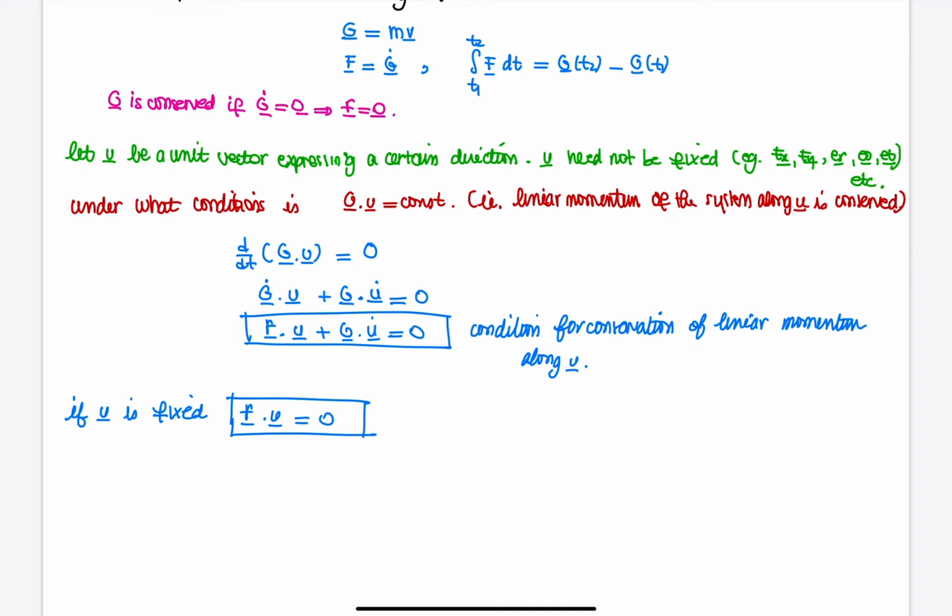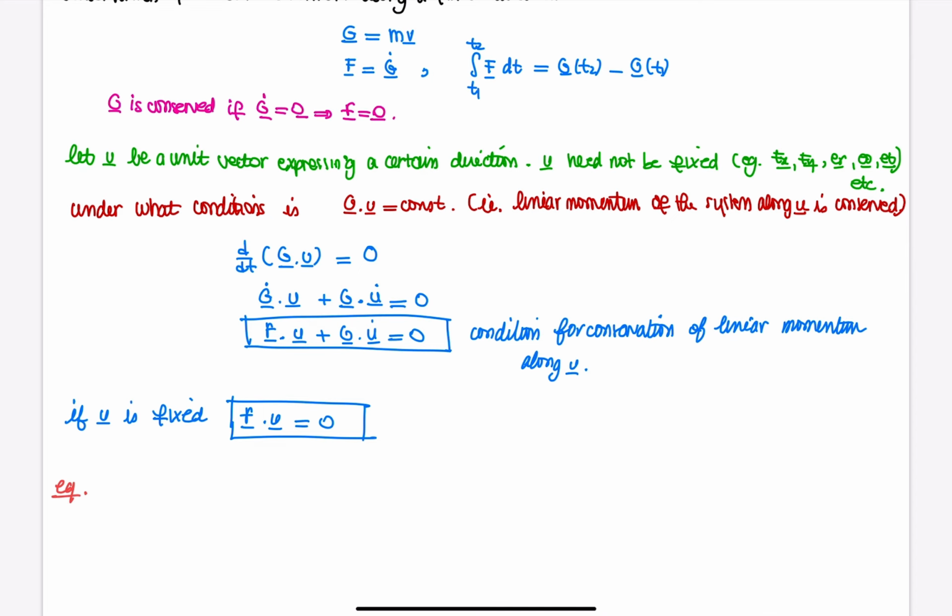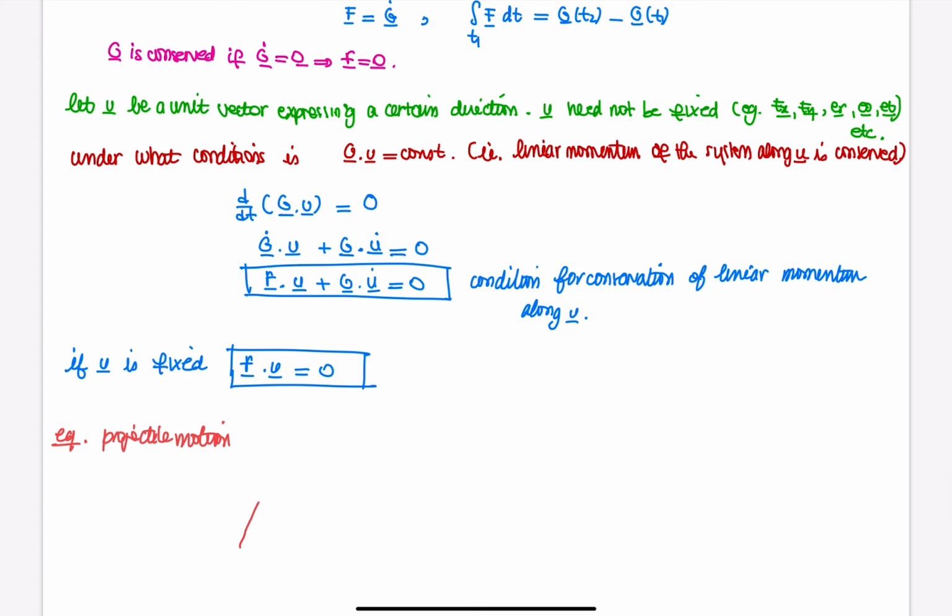Let's consider an example, projectile motion. So let's say I have a projectile, gravity is pointing downwards. If I want to draw the free body diagram of the projectile, the only force acting on it is its weight. Now, notice that the sum of forces along the horizontal is equal to 0 because the weight is purely vertical.